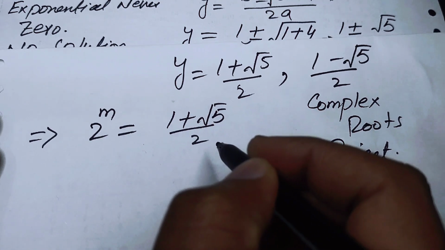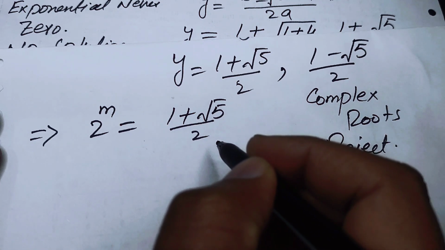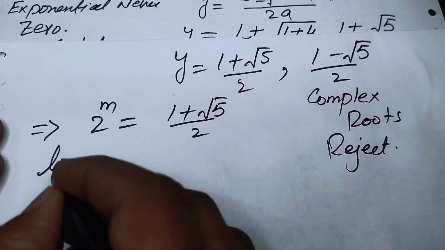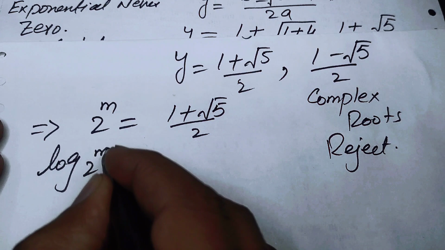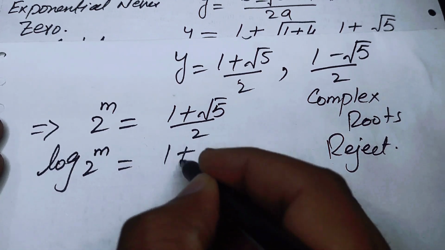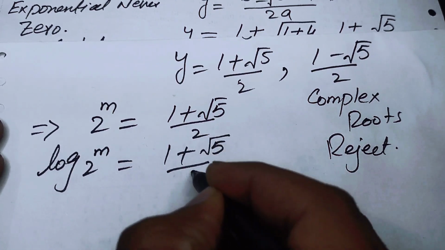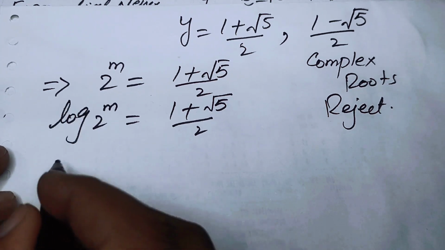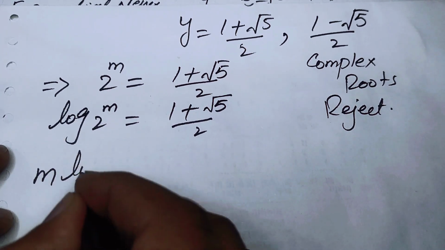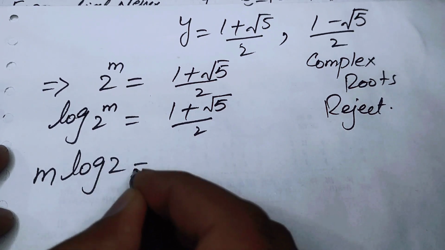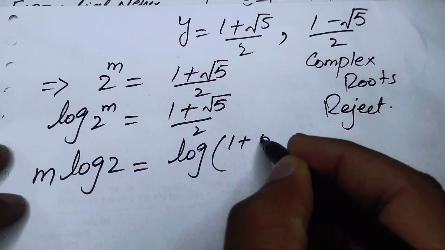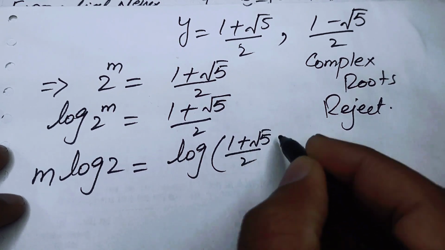Now we can take log on both sides, so that we get log of 2 to the power of m is equal to log of 1 plus square root 5 over 2, and here you can take the exponent in front of the log, and you will get m times log 2 is equal to log of 1 plus square root 5 over 2.